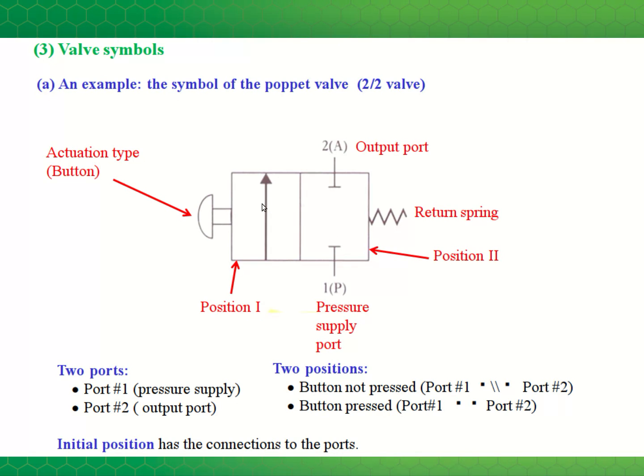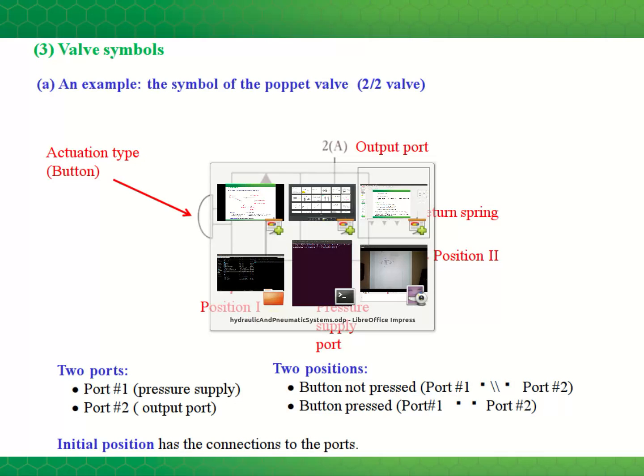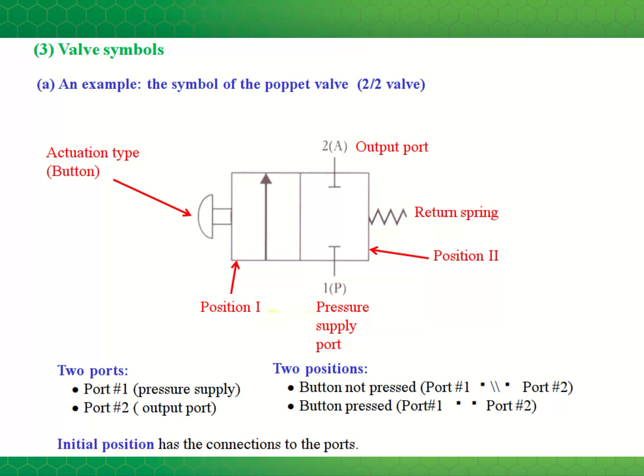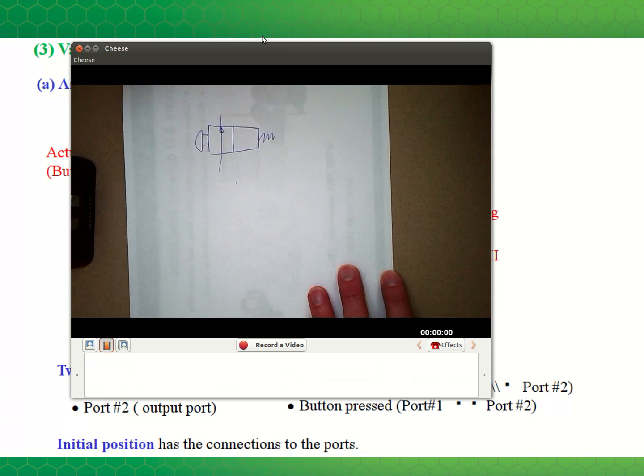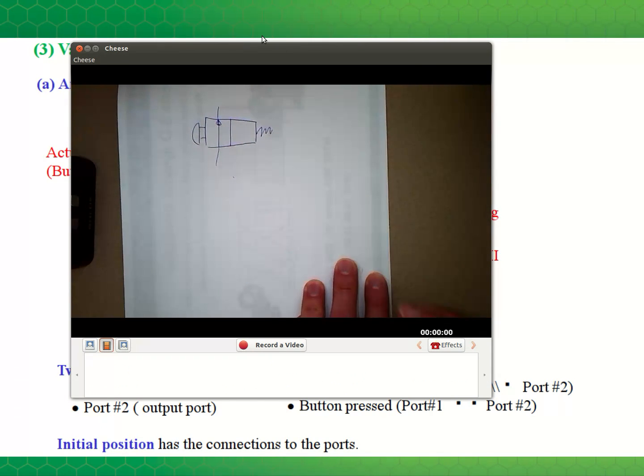And if you press the button, then the boxes would move this way so that the ports would line up with this arrow. And so that would look like this. So there's a drawing of what it would look like if the button was pressed.